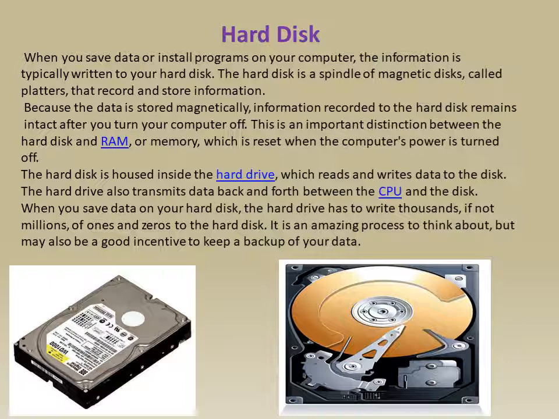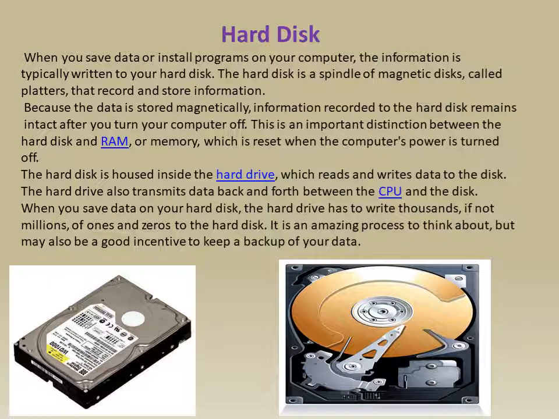Because the data is stored magnetically, information recorded to the hard disk remains intact after you turn your computer off. As it is written magnetically, even when you switch off the computer and open it again after some time, the data is still saved.